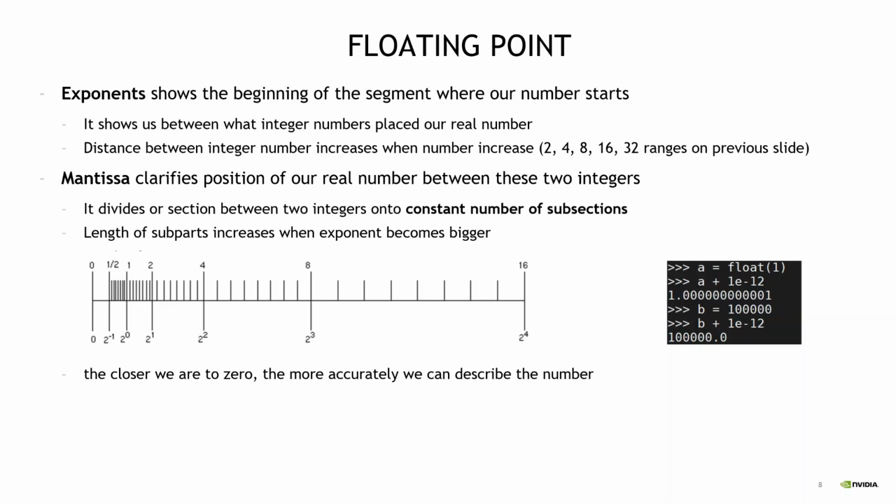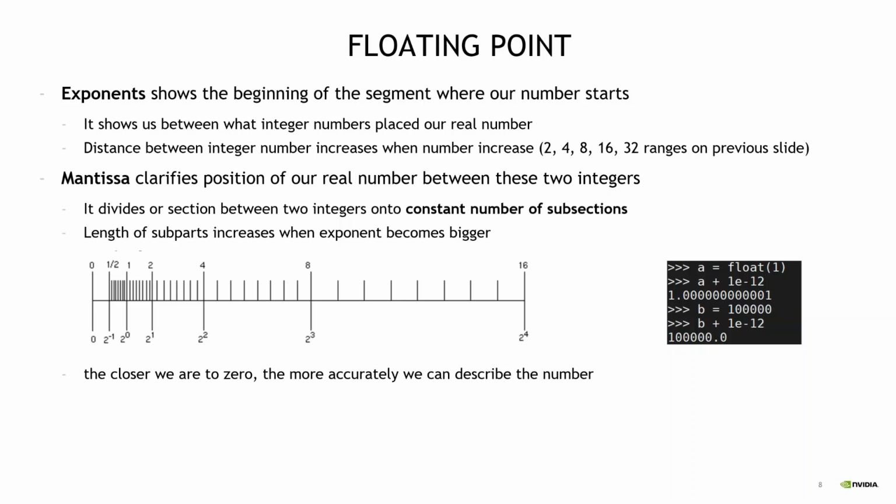And the mantissa clarifies the position of our real number between these two integers. It divides our section between two integers into a constant number of subparts. The length of subparts increases when the exponent becomes bigger. The closer we are to zero, the more accurately and precisely we can describe the number. And on the right side of the slide we have an example.